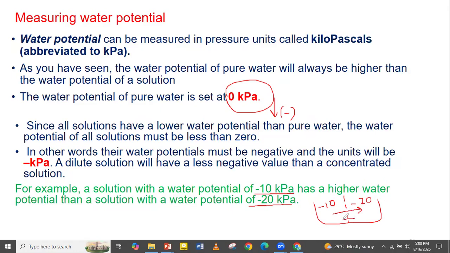Why? The one of negative 10 has a higher water potential than the one of negative 20. So just know that the more negative the water potential, the lower the water potential of the solution.